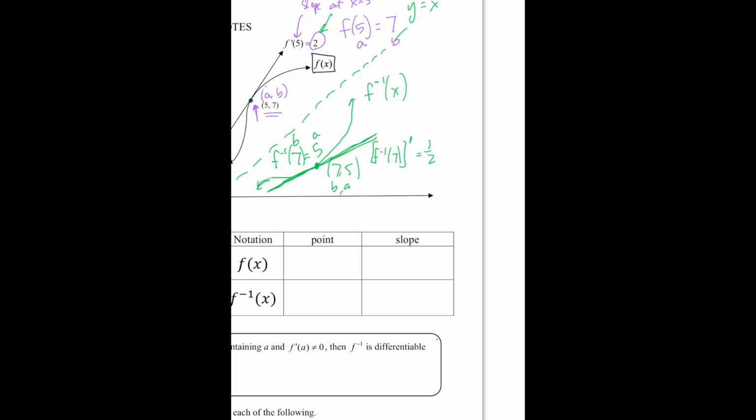So the connection I need you to make here is that when I have the inverse of a function and I take the derivative, it is equal to 1 over the derivative at the output number.